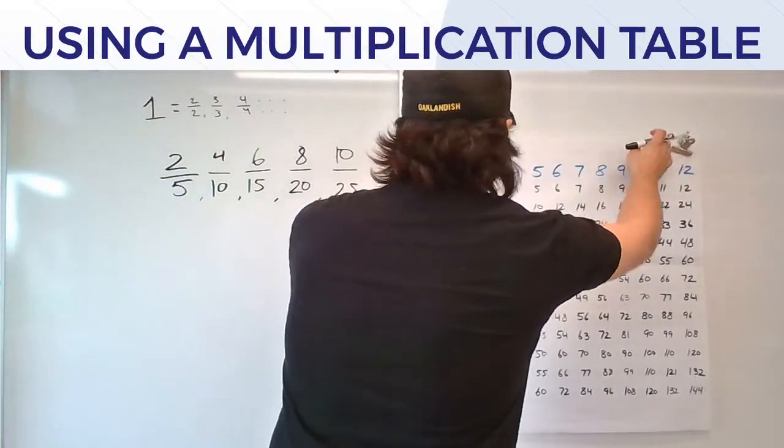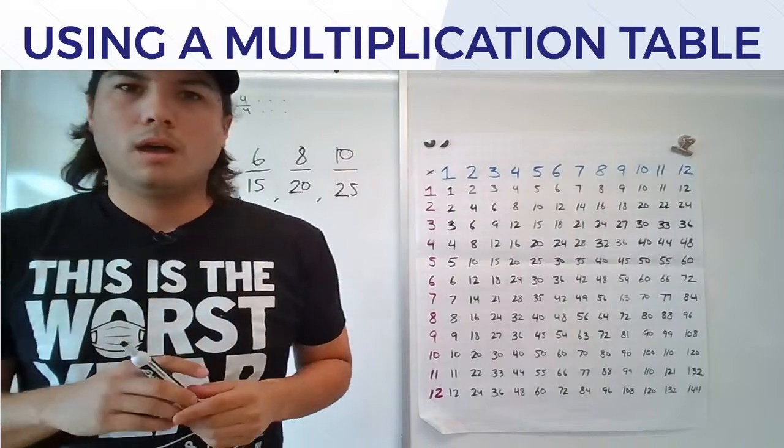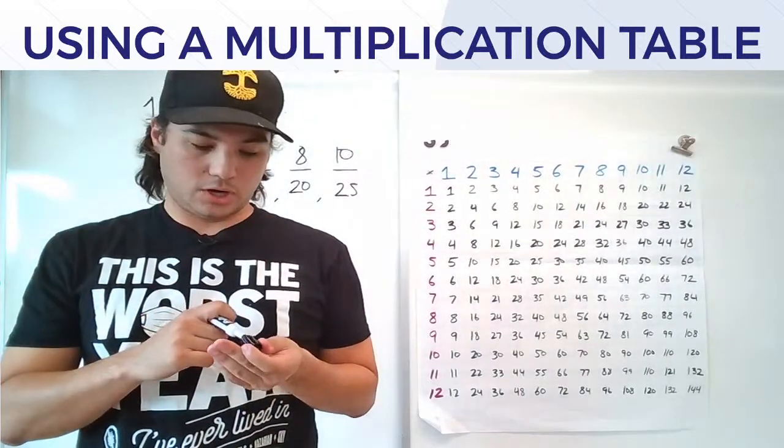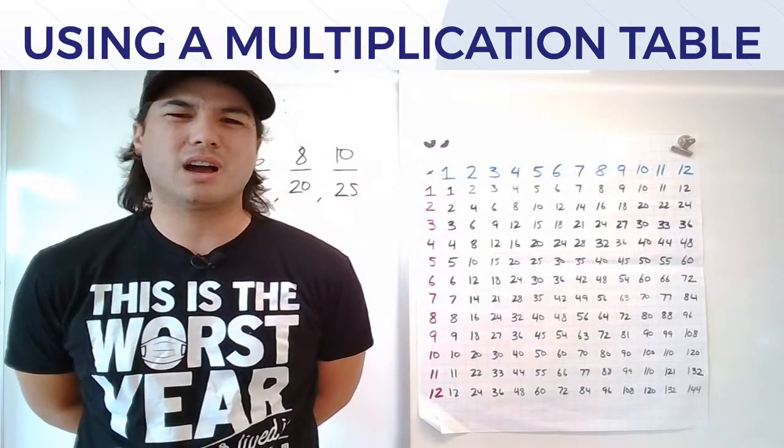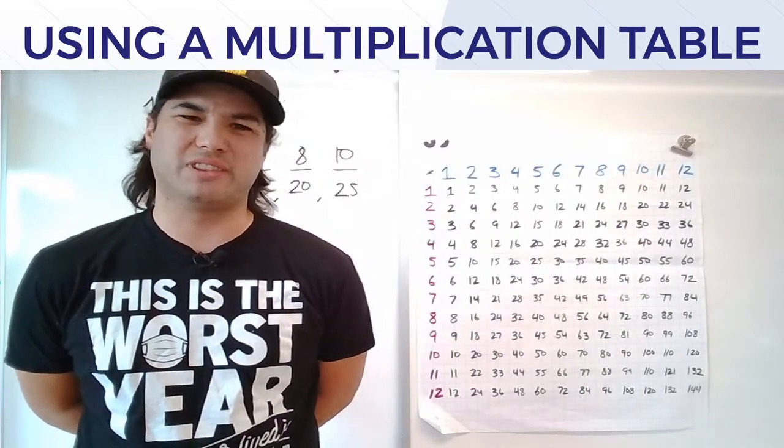Some of you who find multiplication to get equivalent fractions a little challenging might be thinking to yourself, Mr. Taco, why didn't we just start with this?